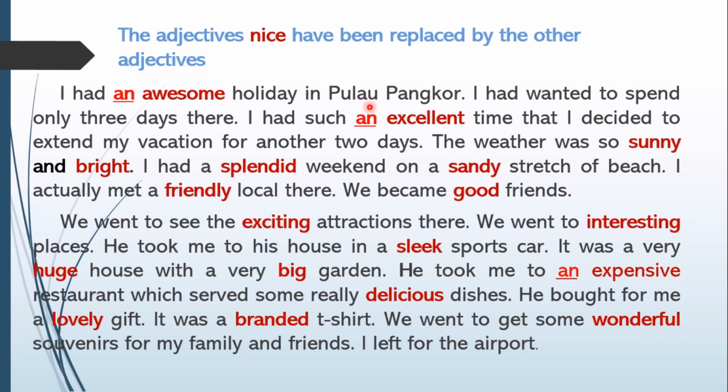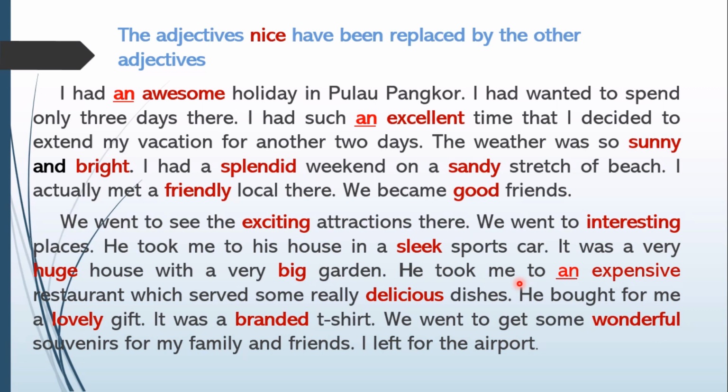It was a very huge house with a very big garden. He took me to an expensive, again, you see the adjective expensive is being used here, so you use "an", alright? To an expensive restaurant which served some really delicious dishes. He bought for me a lovely gift. It was a branded t-shirt.